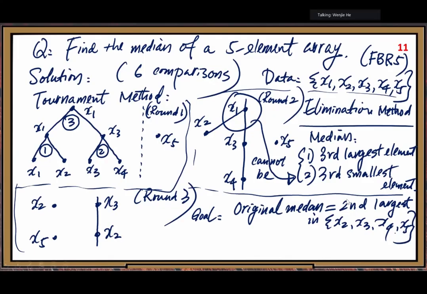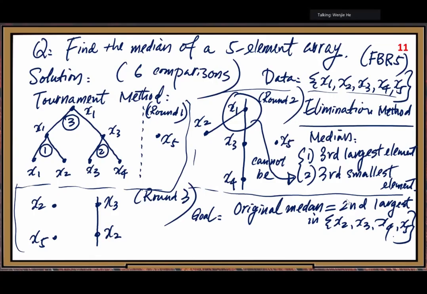Because x1 is among the top two, we eliminate it. Then we count from the top, so our original median must be the second largest.